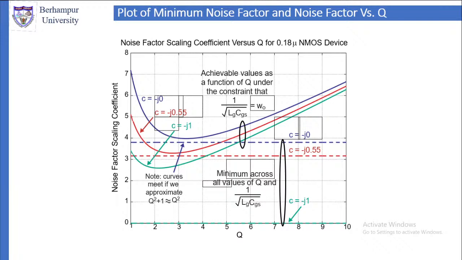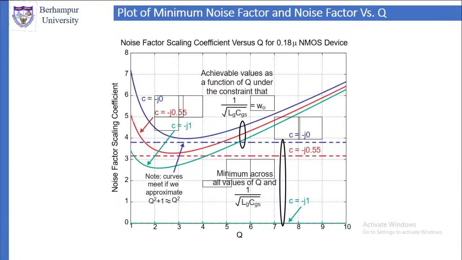Now you can see when C is equal to J0, the blue dashed line, the minimum point approaches that dashed line. Similarly, for C is equal to minus J0.55, the minimum value approaches the red dashed line. Those noise curves will meet if you approximate Q square plus 1 as Q square, which means Q square is much larger than 1.